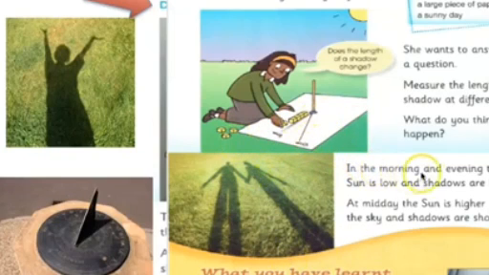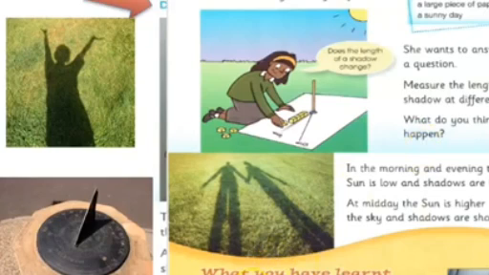Because in the morning and evening, the sun is low, and the shadows are long. At midday, the sun is higher in the sky, and shadows are shorter. Cool. We talked about this yesterday, remember?